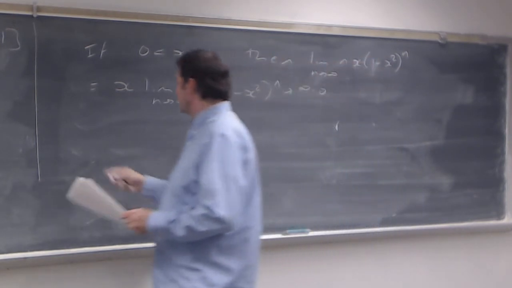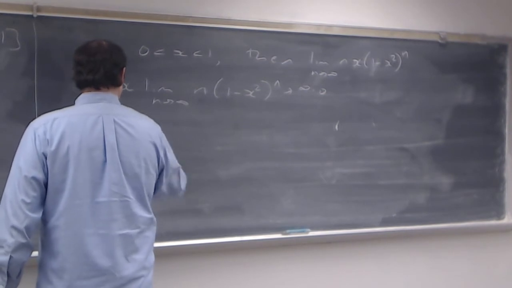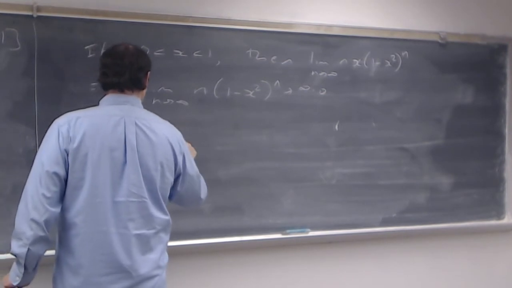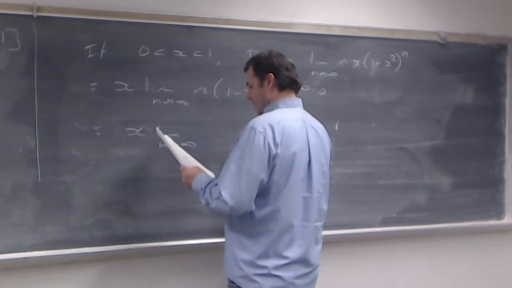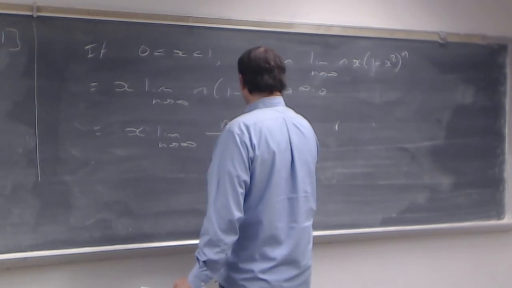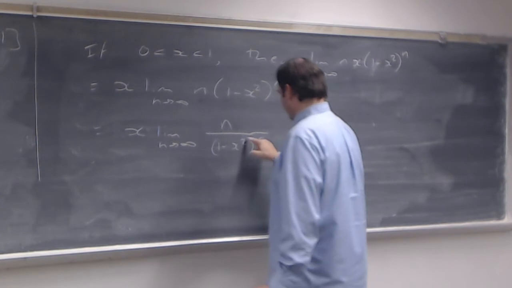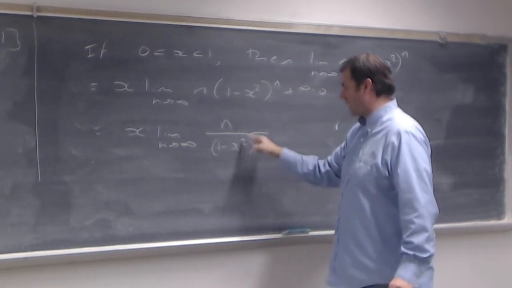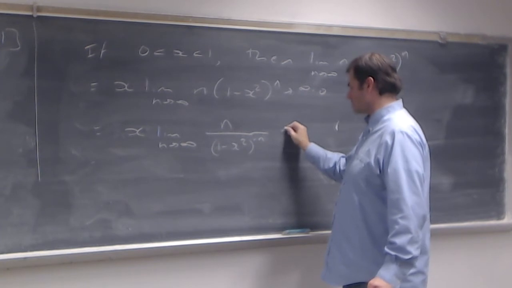And so what we'll do is rewrite it as x times the limit as n goes to infinity of n over (1 minus x squared) raised to the minus n. So you think of this as, in the bottom, 1 over (1 minus x squared) raised to n, and then n's going to infinity.